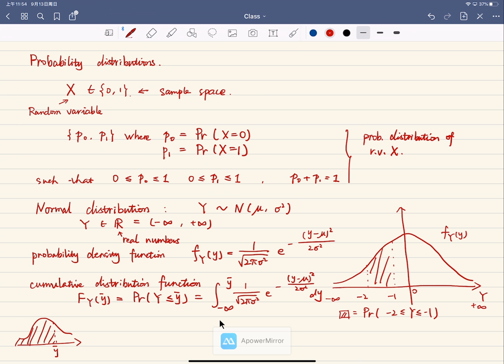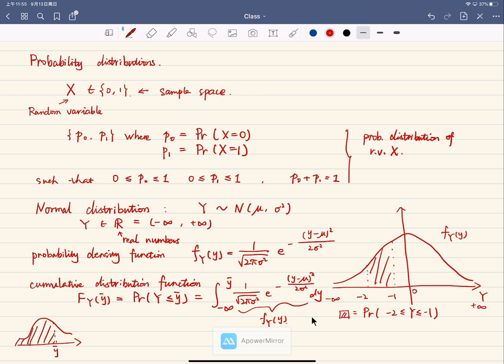So this is basically the density function. This is the way we can represent a continuous random variable, and normal distribution can be one of our most important examples here.